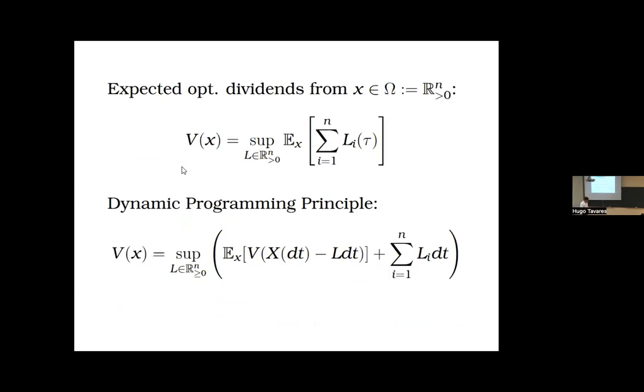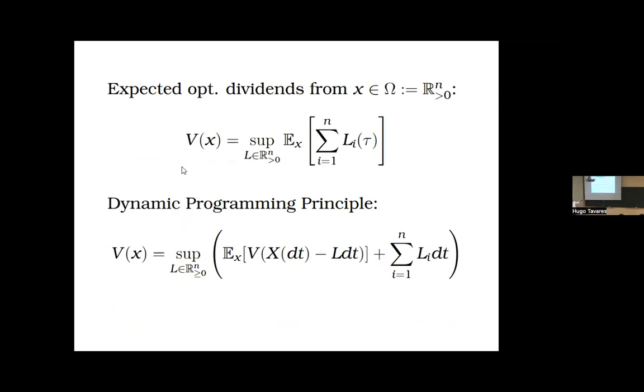So how do differential equations come about in this setting? You think about the value function. The value function encodes what would be the optimal strategy when you start from x. So actually, V of x is what would be the best that you can do in expected value, because there is a random component in this problem.